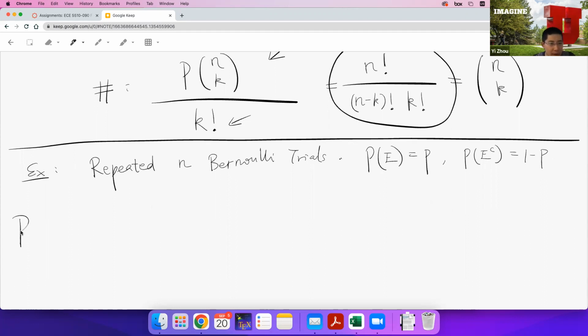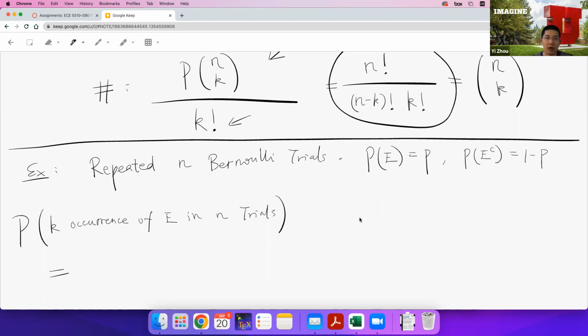So we're looking at the probability that K occurrence of event E in this N Bernoulli trials. So out of N repeated trials, what is the probability that we observe K occurrence of event E, right?